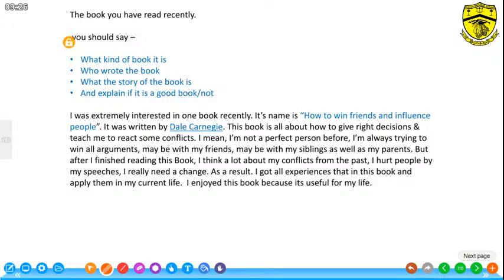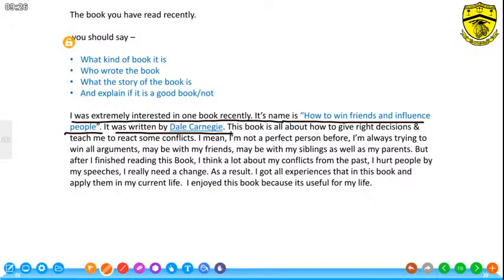This book is also about how to make right decisions and taught me how to react to conflicts. So this sentence is the opening sentence, because it says I was extremely interested in one book recently, and its name. Then you have to write the author.